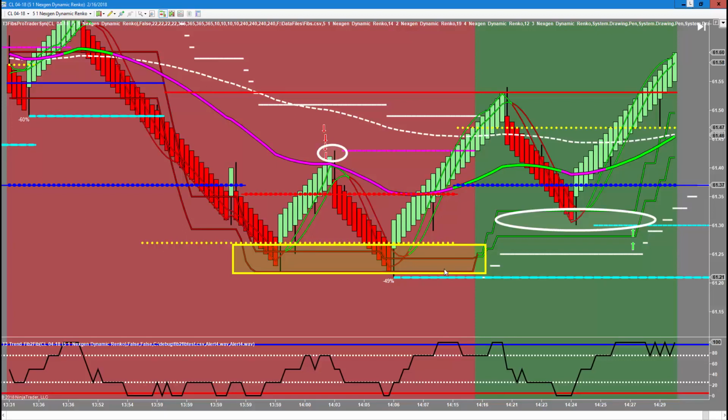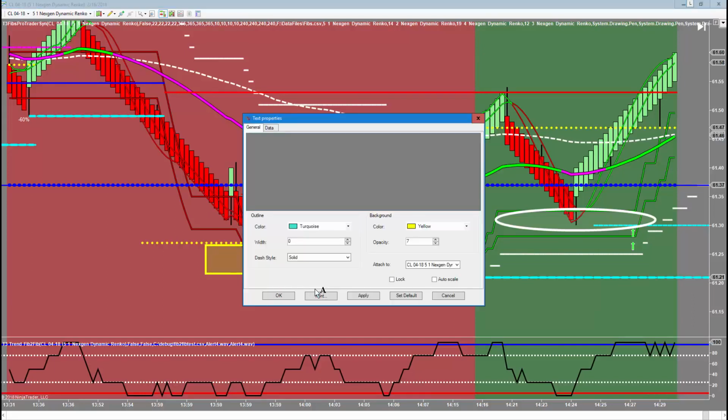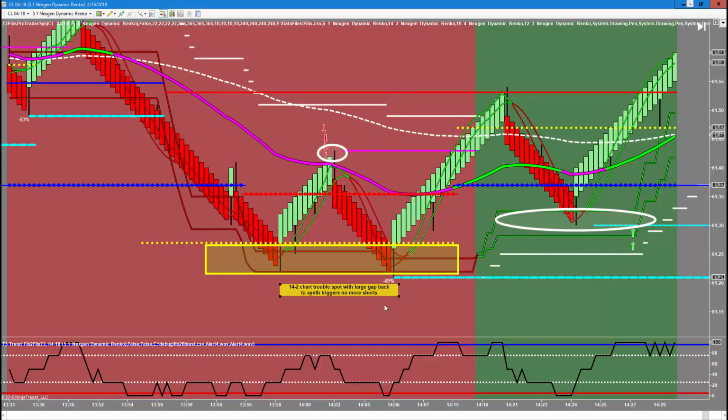So, Tony, I'm going to go back to your previous statement, which was: if you hit a trouble spot on the 14.2 chart... okay, so again, this is our trouble spot on the 14.2 chart.